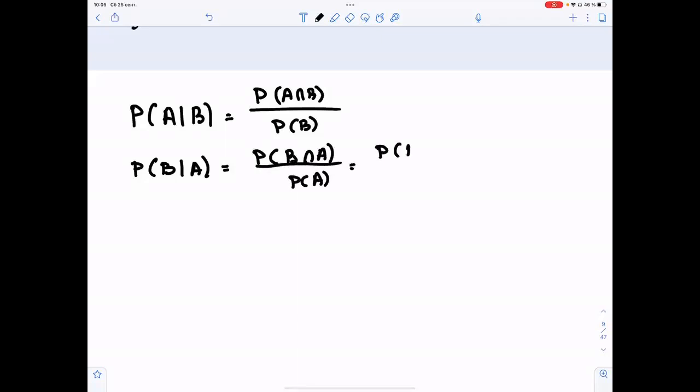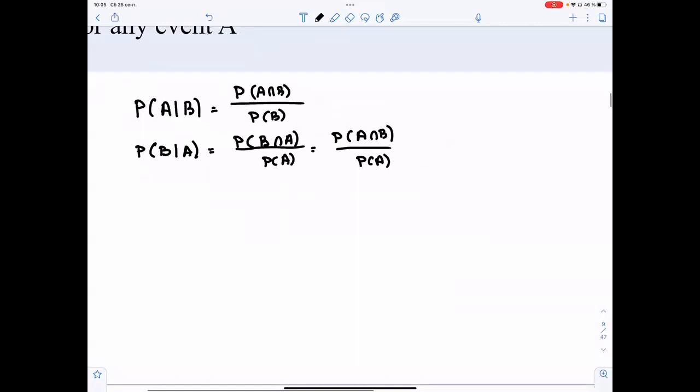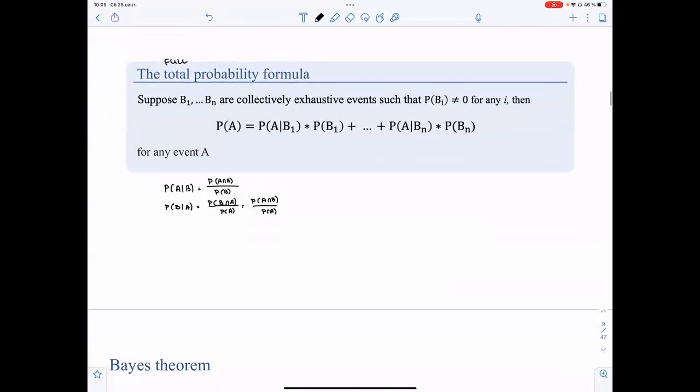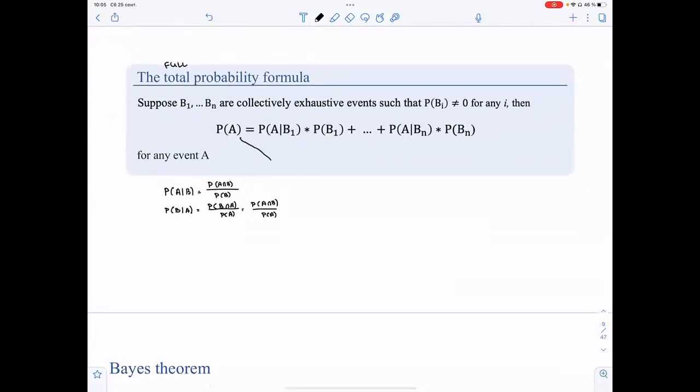The intersection is a symmetric operation, so B intersected A or A intersected B is actually the same structure. And now look, what we may do is implement this formula inside the fraction.